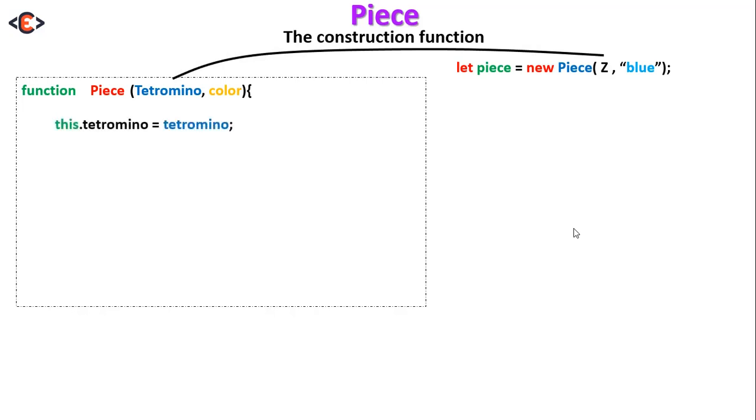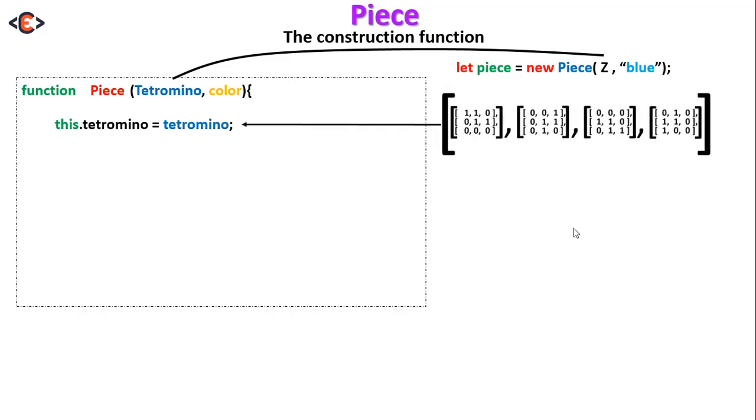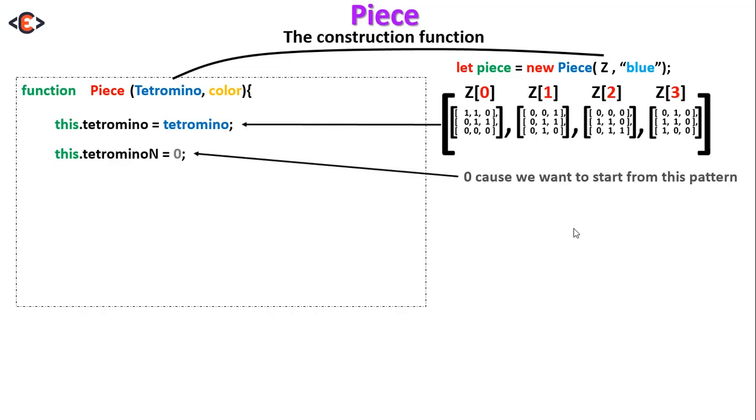Now the first property is tetromino, so it's like saying piece.tetromino equals the code for the Z tetromino. Here we define another property, tetrominoNumber equals 0. You already know that this is Z with index 0, 1, 2, 3. So we set tetrominoNumber to 0 because we want to start from this pattern.